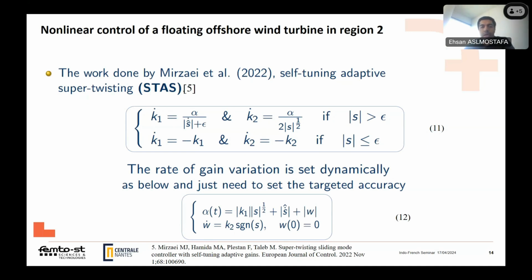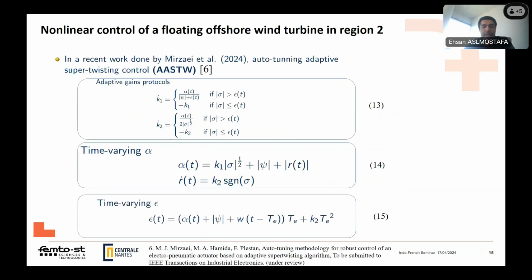So to implement this controller, we just need to set one parameter, epsilon, the targeted accuracy. And the last adaptive controller, which was recently proposed, is the auto-tuning controller, in which all the parameters are set dynamically, and there is no need to tune any controller, and it is called the auto-tune controller.